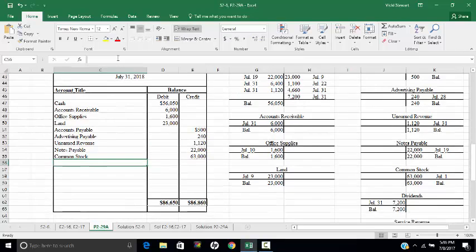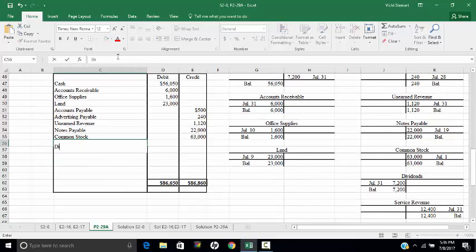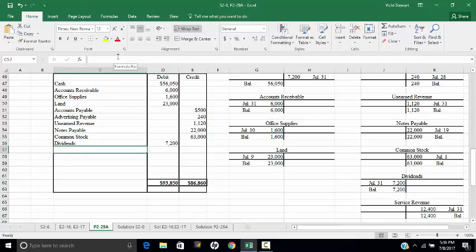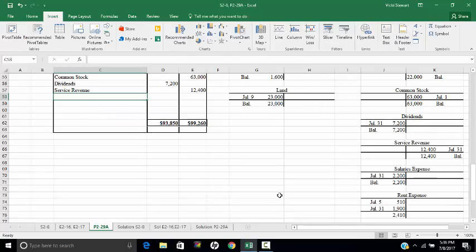And then we go to dividends. We don't have any retained earnings, so we record our dividends in our debit column and start on our revenues and our expenses with service revenue first. And now we're going to record all of our debits for our expense accounts, starting with salaries expense.